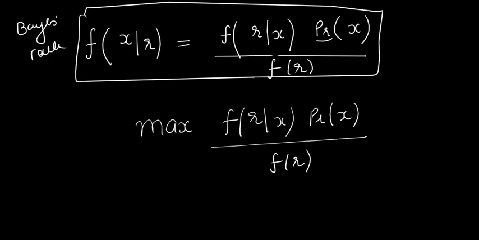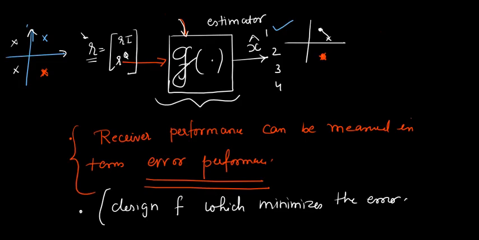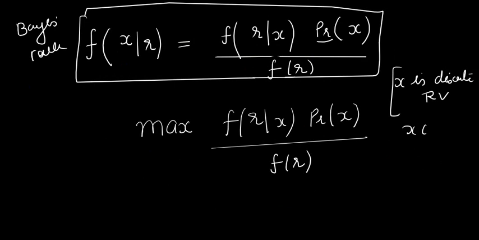So X is discrete because it can take only 4 values in our example, or a fixed value depending upon the constellation point, because X comes from the constellation points. But R is continuous, and for a continuous random variable we write the PDF, probability density function, and for discrete we write probability.